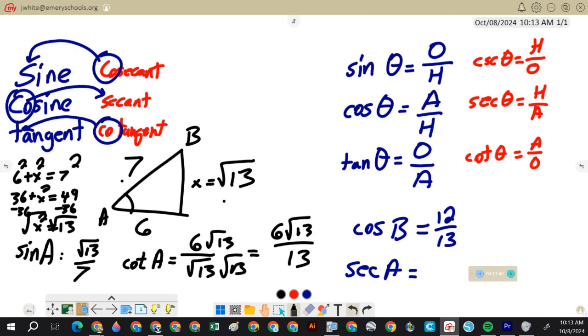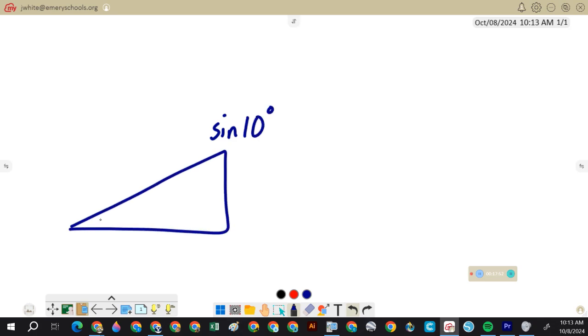Okay? The only other problem you're going to run into is it might ask you, what is the sine of 10 degrees? So what that means is, if you have a triangle with a 10-degree angle, so say this is angle A, then what is the opposite side divided by the hypotenuse? And the neat thing about that is, the answer is the same regardless of how big the triangle is.